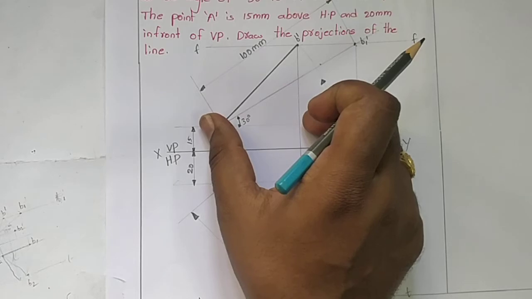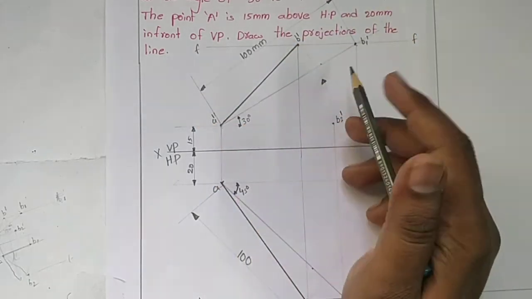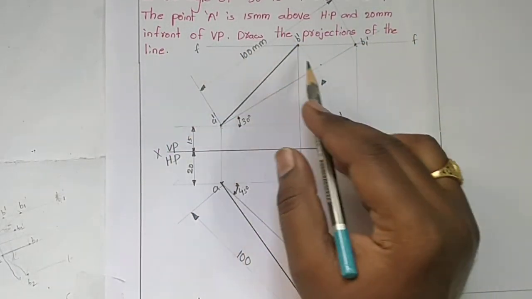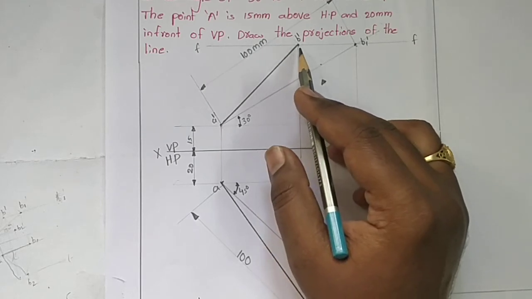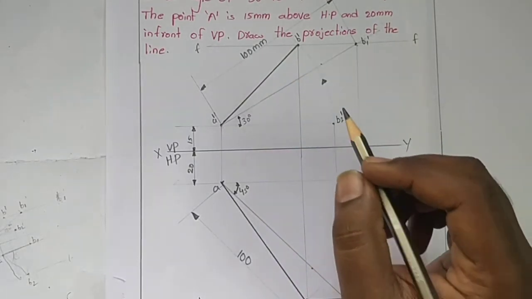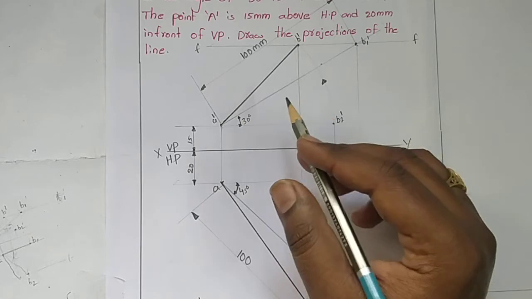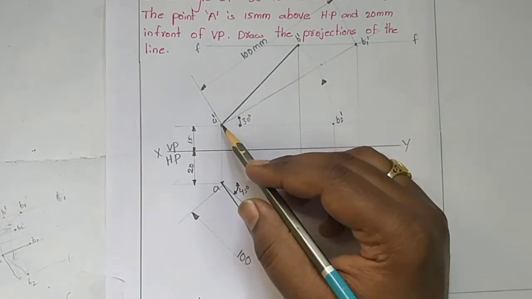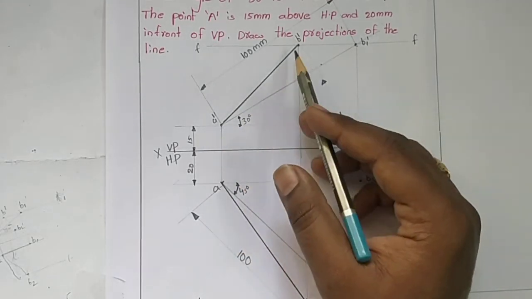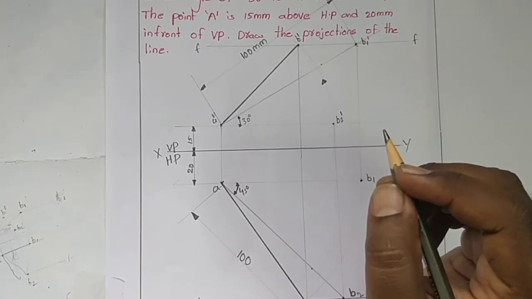I drew an anti-clockwise arc up to the locus of front view. It will intersect at one point. That point is known as B dash. It is the final point projection of front view. Okay, by joining A dash and B dash we got the front view of the straight line AB 100 mm.